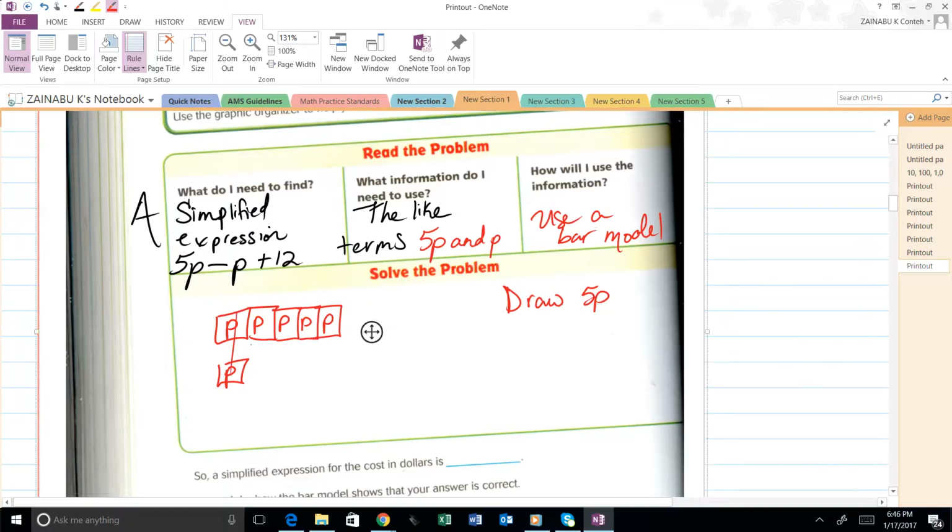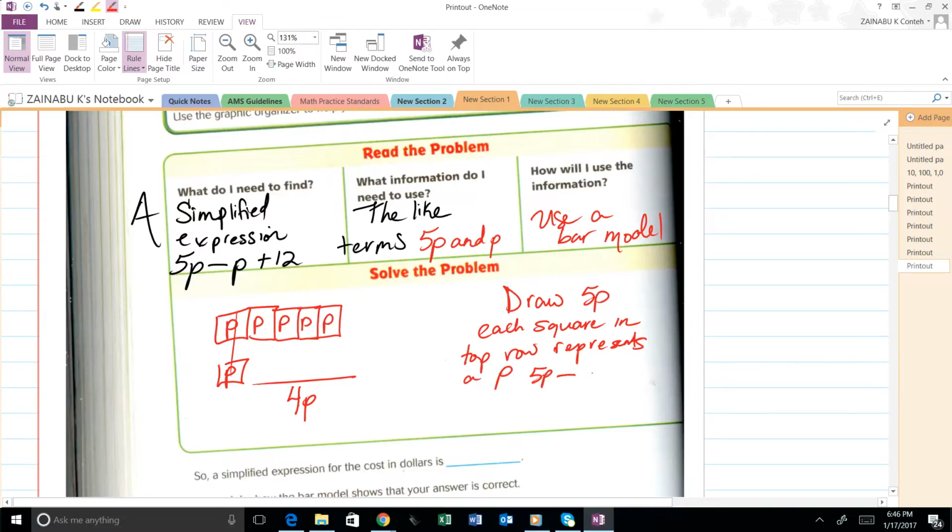And so I'm left with how many p's left? 4p. So I'm going to draw 5p, and each square in that top row represents a p, 5p to be exact.